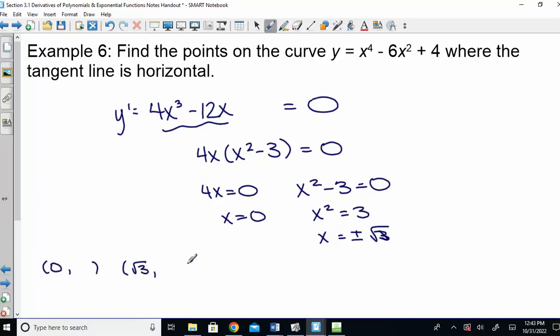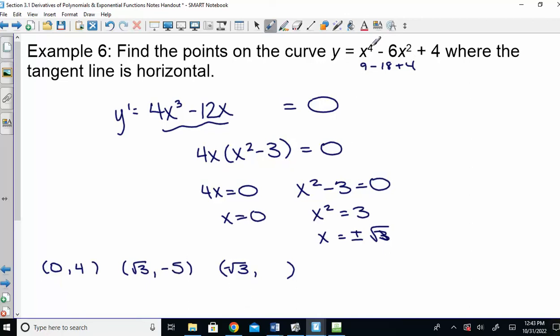How would I get the y's? How do you get the y values here? Plug them into the original, because I want a point on the original curve. So if you put in a 0, you get out 4. If I put in the square root of 3, square root of 3 squared would be 3, so we would get 9 minus 18 plus 4, so that's negative 5.